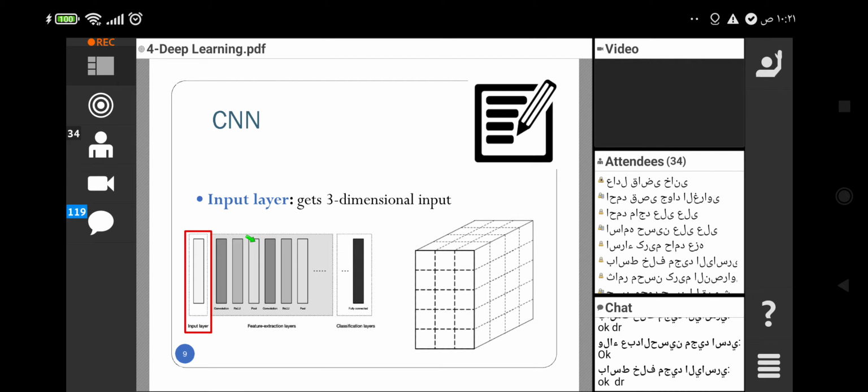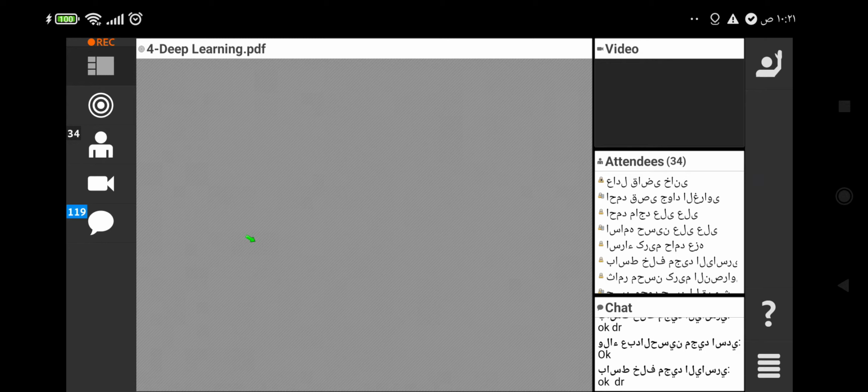After that, we may have ReLU, and we may have normalization, and one other layer is pooling. I will talk about these layers. I only talked about convolution, which is the most important one.